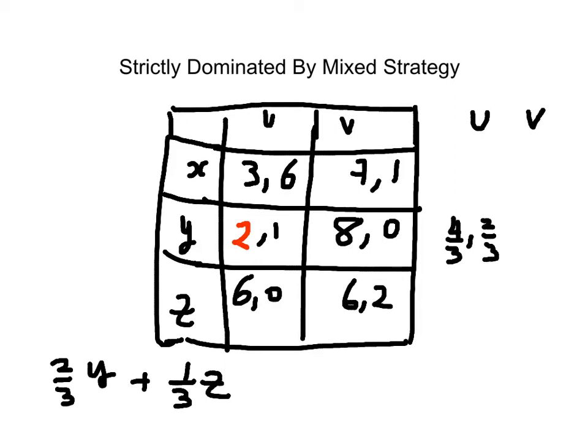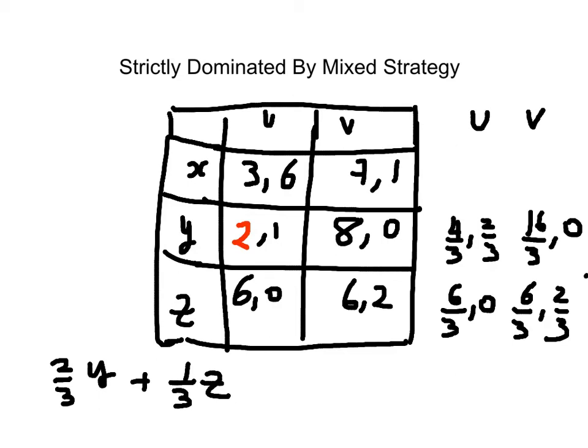And then here you would get 16/3 and 0. And then you would play Z with a probability of 1/3, gives you 6/3, 0, and 6/3 and 2/3.